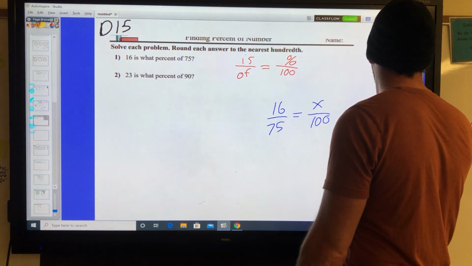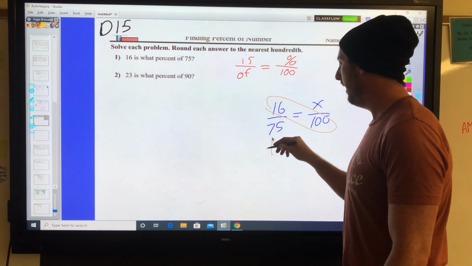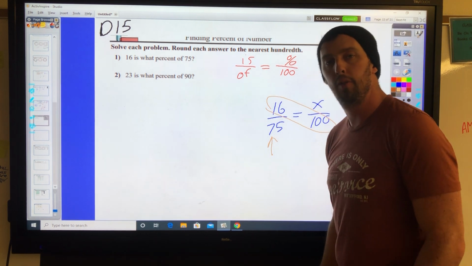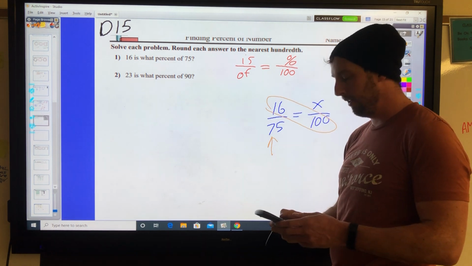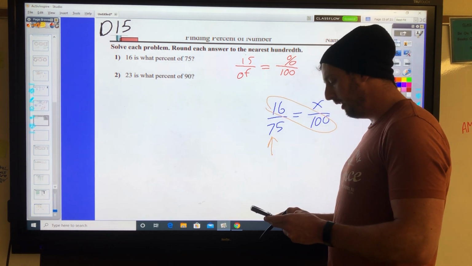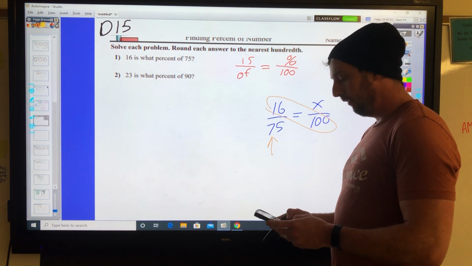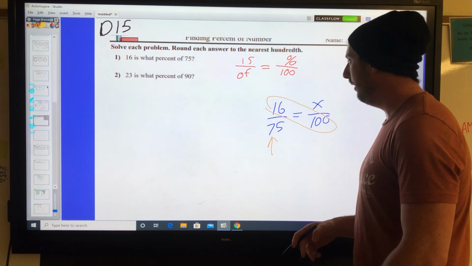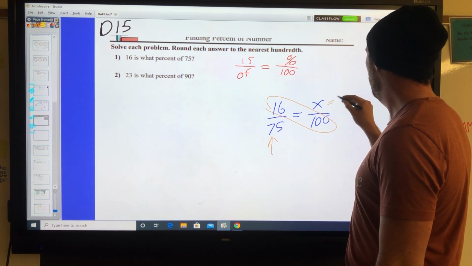So how do I solve it? Great question. I cross product and I divide by the remaining number. So if you didn't get that, just rewind. I cross product and divide by the remaining number. 16 times 100, and then I divide by the remaining number of 75.